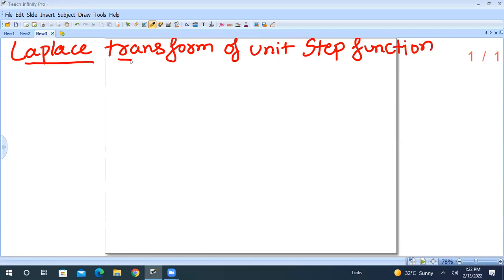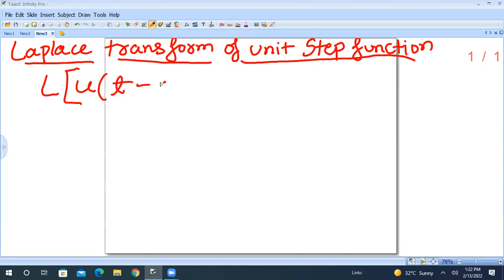That is, we have to prove here that L of u of t minus a is equal to e to the power of minus as divided by s.